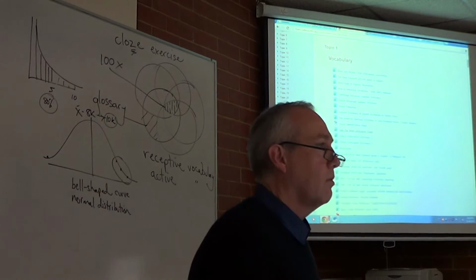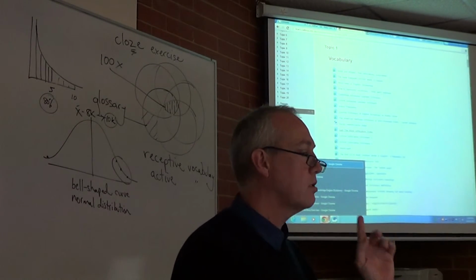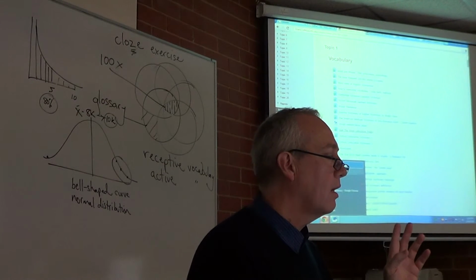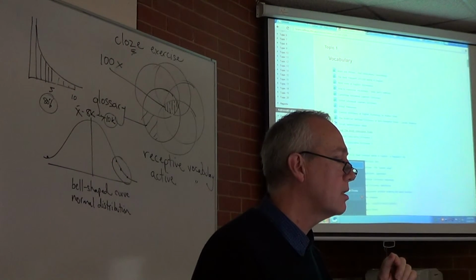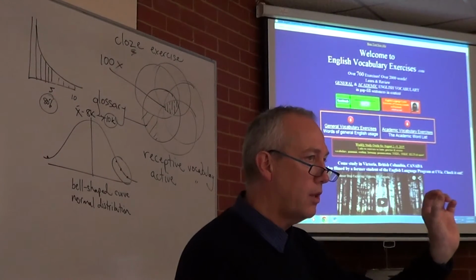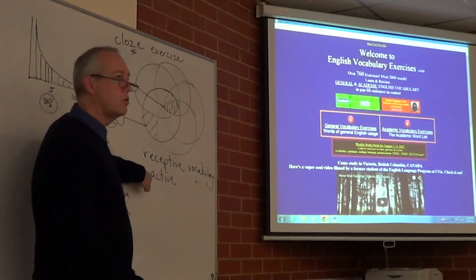So, can you see what we're doing? We're switching now from one resource to another, aren't we? So what I'd like you to do is get in and find a vocabulary exercise from in here. Get a word and think, okay, I know it, but I'd like to be able to use it more.